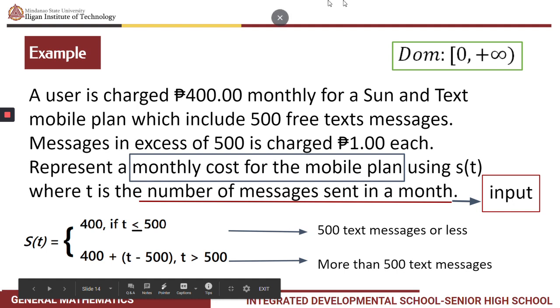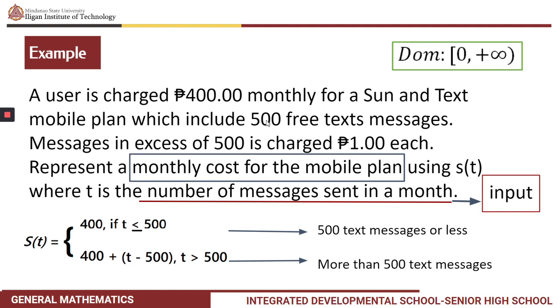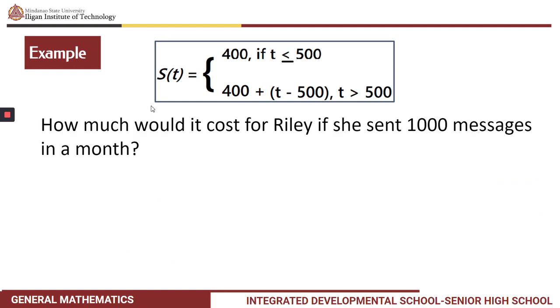Okay. So ang domain pa rin dito is from 0 to positive infinity because you can't send a negative number of text messages, no? Okay. So let's try to solve how much would it cost for Riley if she sent 1,000 messages in a month.